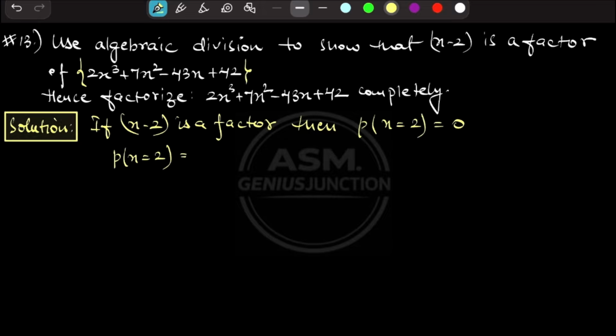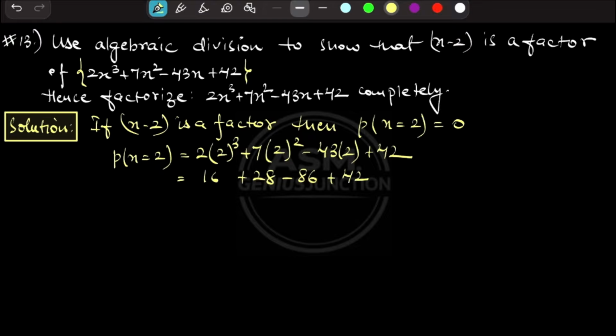This is 2 times 2 raised to power 3 plus 7 times 2 raised to power 2 minus 43 times 2 plus 42. This is 8 times 2 is 16. This will give you 4 times 7, 28 minus 86 plus 42.